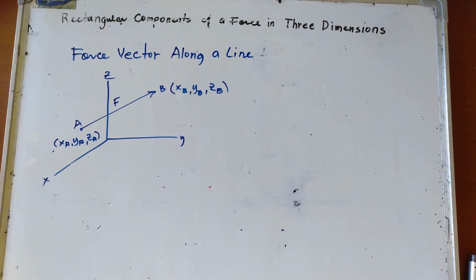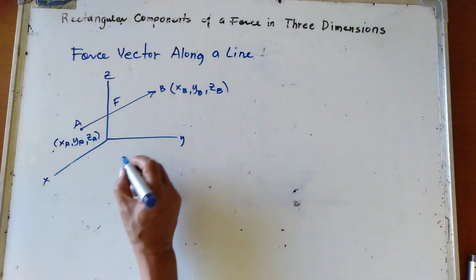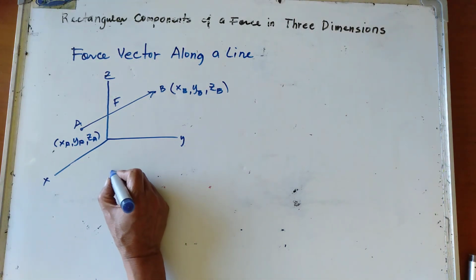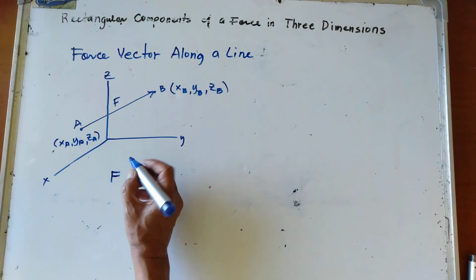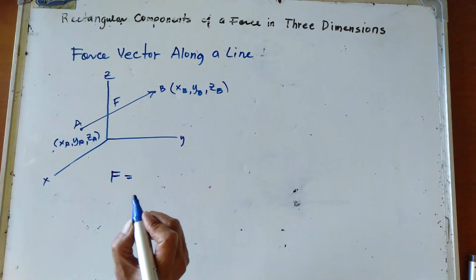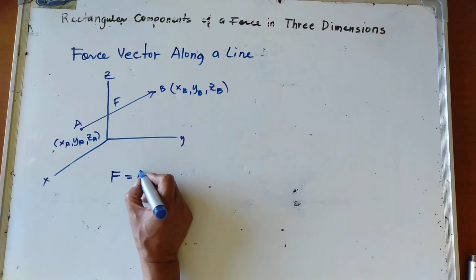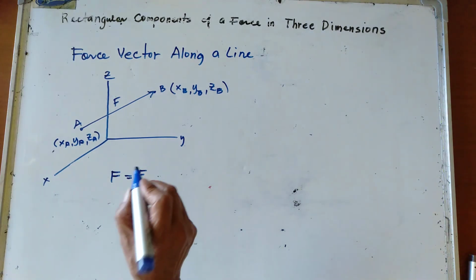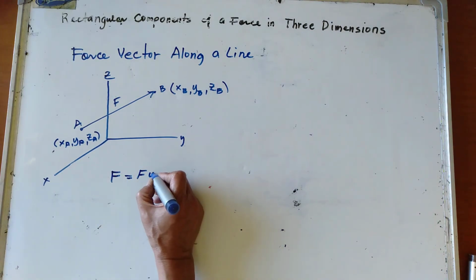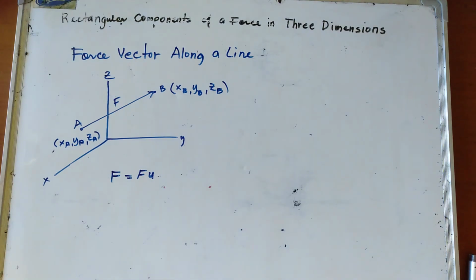So the vector F is equal to the magnitude of this vector multiplied by a unit vector.